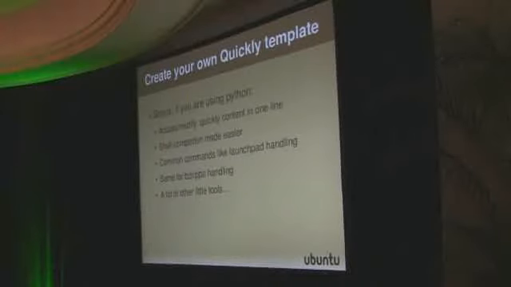As I told before, if you are using Python, you have some little bonus. You can really easily access and modify the .quickly file as a dictionary. Also, shell completion is made easier for you. You have commands like Launchpad handling, for example, just what I showed you before in the release command.